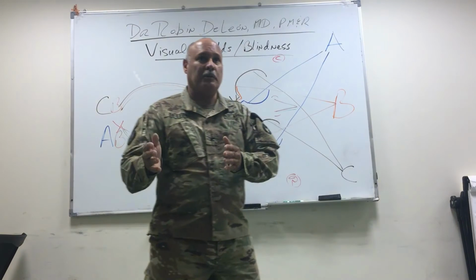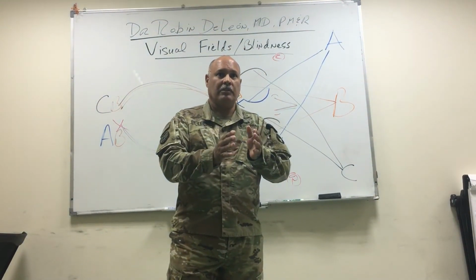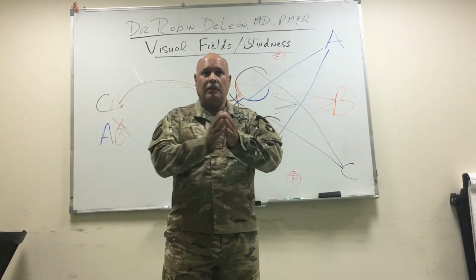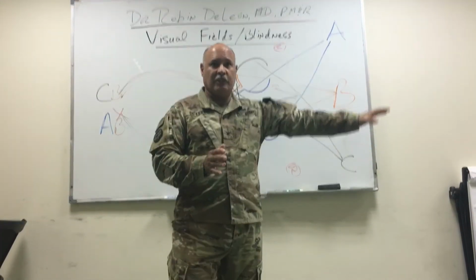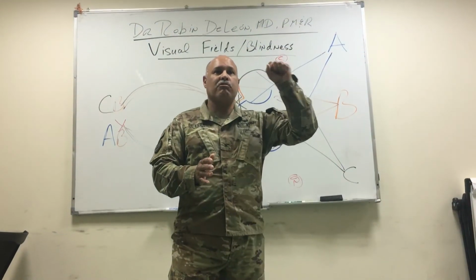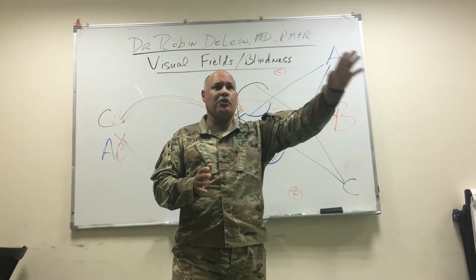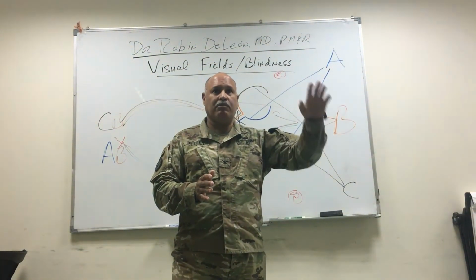But in these people, their focus is to the right visual fields, not to the left. So they can see the left visual fields, but it doesn't process. They can hear things in the left fields, but it doesn't process.